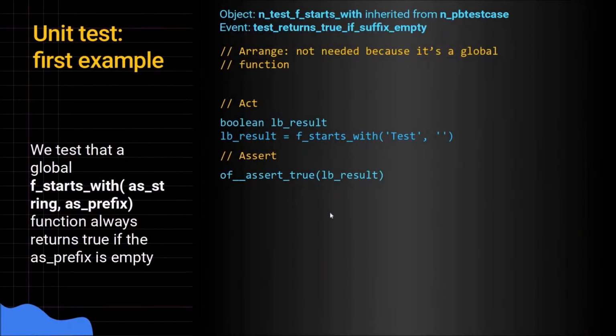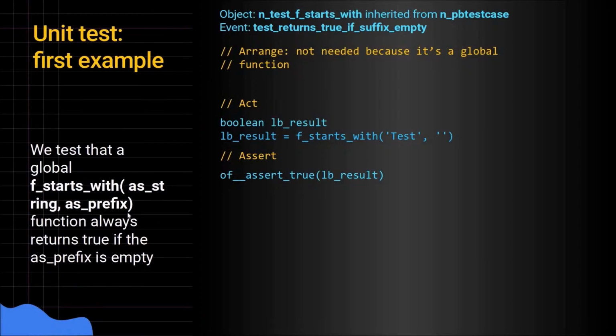Okay, so let's see the first unit test example. We have a global function that is called fStartsWith that just checks if a string begins with a prefix. Okay, so if this is true, the function returns true, and otherwise it returns false.